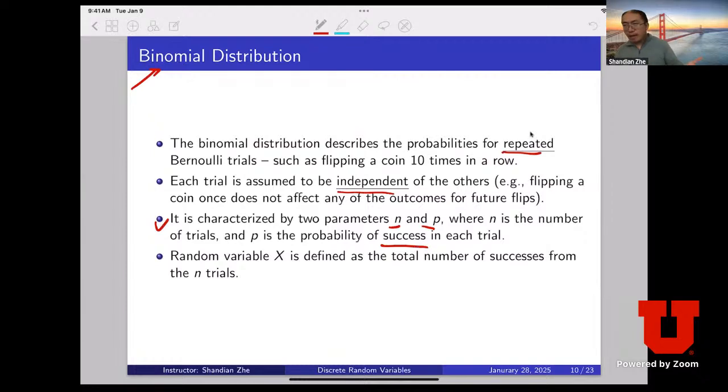Like in our coin experiment, it will be just the probability you see heads up. And then the random variable associated with binomial distribution is defined as the total number of successes from n trials. By success, I mean, say, in total how many times you see heads, right?